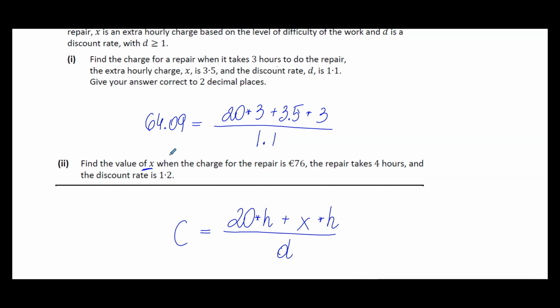Find the value of X when the charge for the repair is 76. The repair takes 4 hours, so H is 4. So we remove H and we put 4. And the discount rate is 1.2. So we remove D, and this is 1.2.